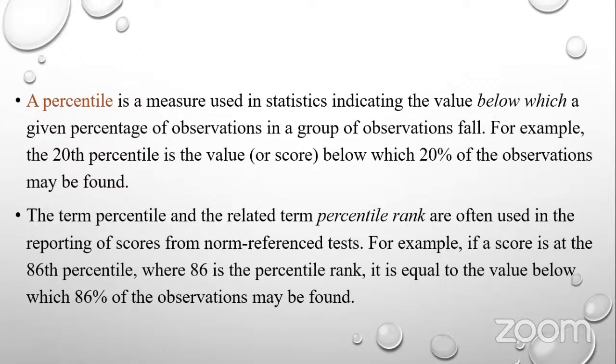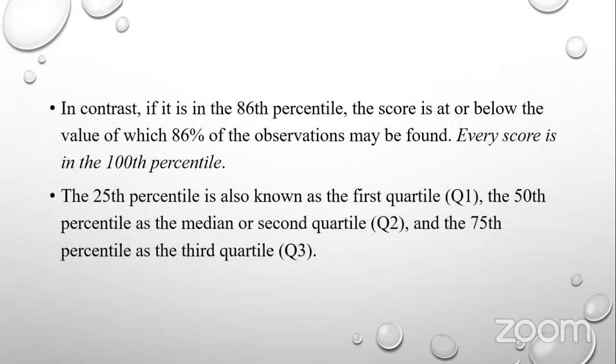So it is like if P86 is given as 15, that means the 86th percentile of the distribution is 15. This might be confusing, but just understand it this way: if the percentile is given, we have to find the score. If the score is given, then we have to find the corresponding percentile rank. So this is what we are explaining here.